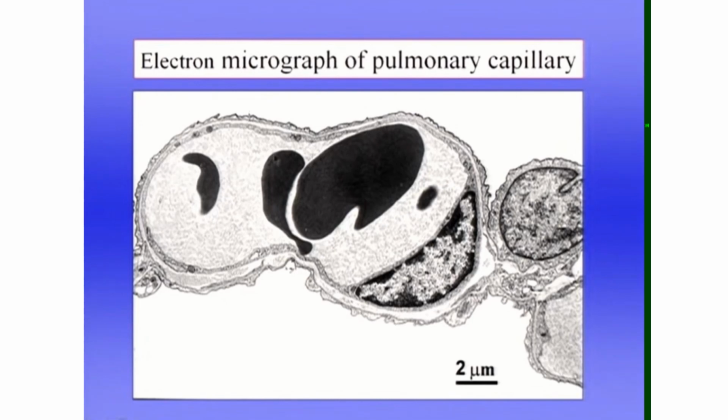We've been talking as though all the resistance to the uptake of a gas in the pulmonary capillary is caused by diffusion either across the blood gas barrier, or now we've added diffusion within the capillary lumen itself. But there's another resistance that I'm going to introduce now, and that is the rate of reaction of the gas with the hemoglobin.